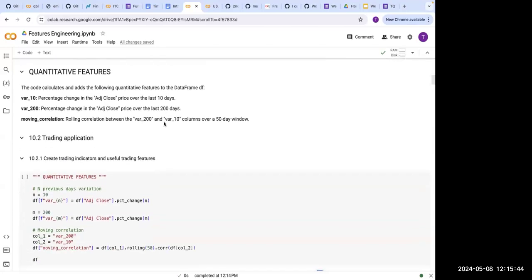So now what we're gonna do is add specific features as described here. First is variance 10, the percentage change in the close price over the last 10 days. Okay. So that is the variance for 10 days, and variance for 200 days. So that's a long-term variance, right? And again, we'll see the rolling correlation between these two.